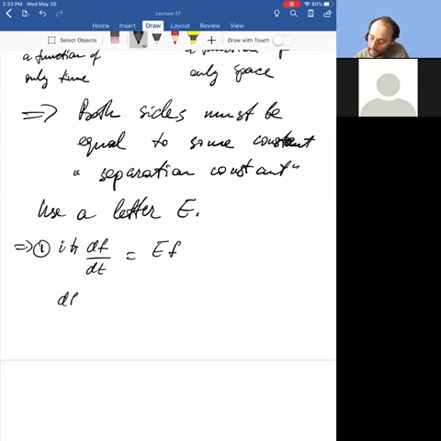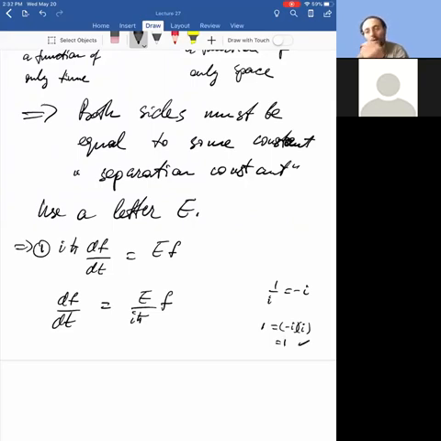Or I can write that as df dt equals E over i h bar times f. Now 1 over i equals minus i. Why is that? Because 1 equals minus i times i, which is minus times minus equals plus, okay? So 1 over i equals minus i. You can also realize that 1 over i is i to the minus 1.